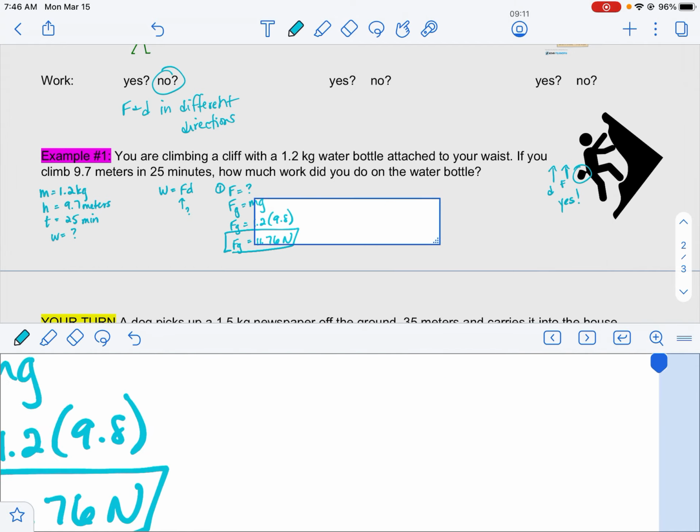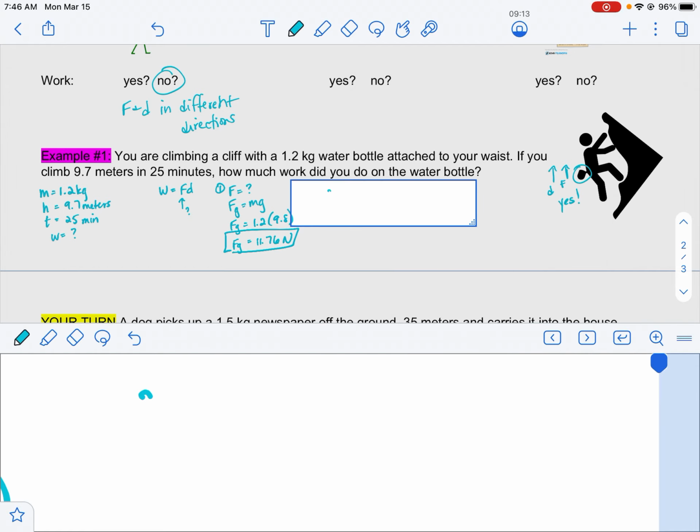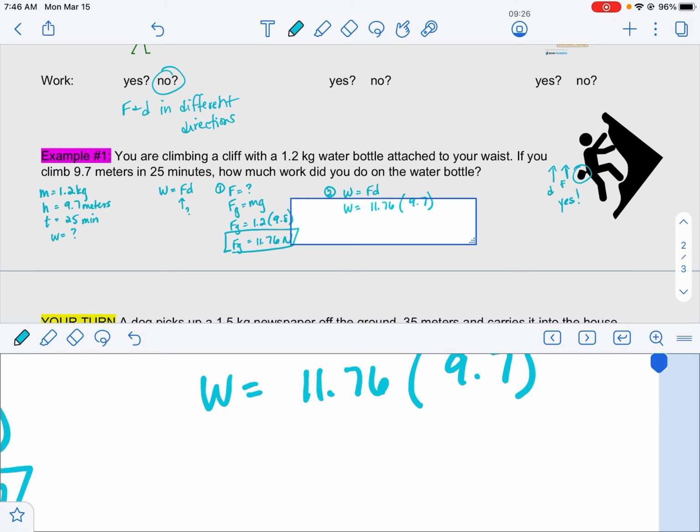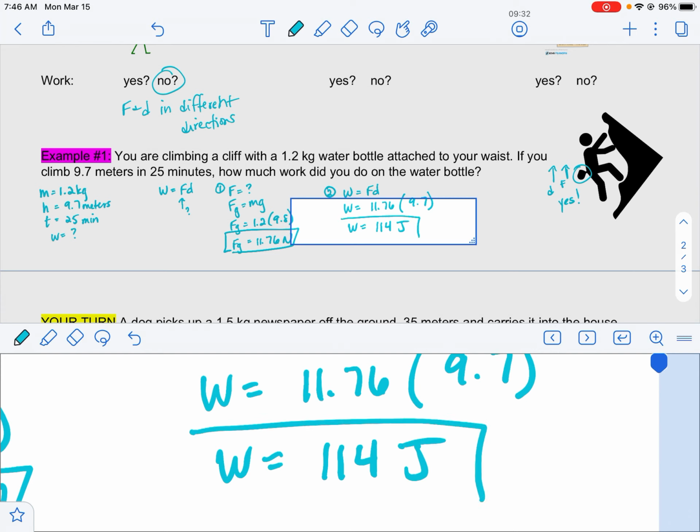Okay, so now that I know the force, I can find the work. Work is force times distance. So the work is going to be 11.76 times 9.7 meters. That's how high I climbed. And the work is going to be 114 joules as my final answer.